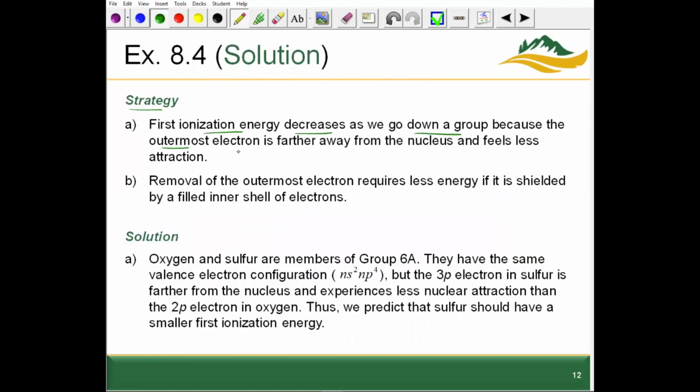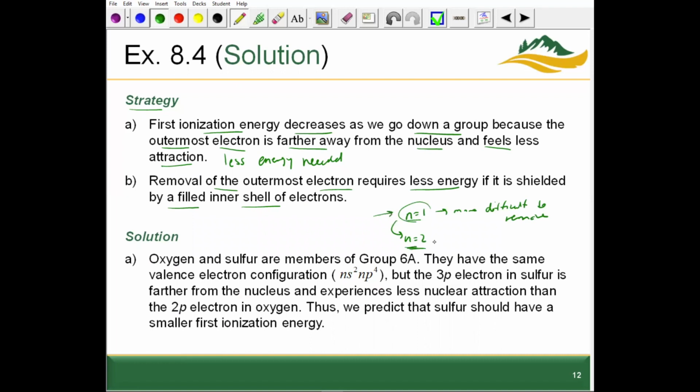This is because the outermost electron is further away from the nucleus and feels less attraction, so it takes less energy to remove. Then removal of the outermost electrons requires less energy if it's shielded by a filled inner shell of electrons. This just means that n equals 1 is more difficult to remove those electrons. When we go up an energy level to n equals 2, for example, these electrons will feel less of a pull because they're shielded or sort of blocked by these 2 electrons here.